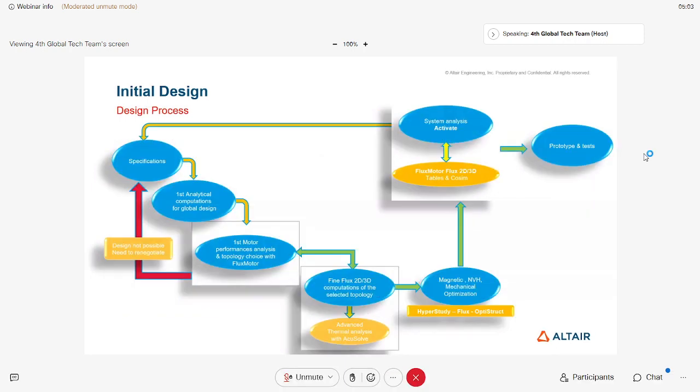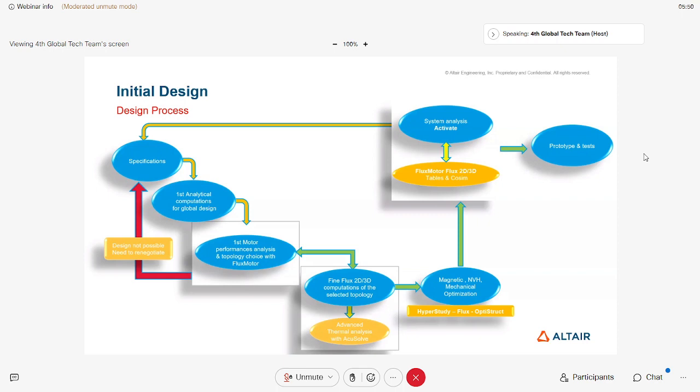The specification can be recovered from a preliminary or first system analysis, where we have a kind of raw motor parameters in order to fine-tune or specify the need for this motor, because the motor is always a part of a system, and from this system we can have some, let's say, boundary conditions to design the motor in terms of supply, voltage, current, and in terms of volume and weight, and of course the performances we need.